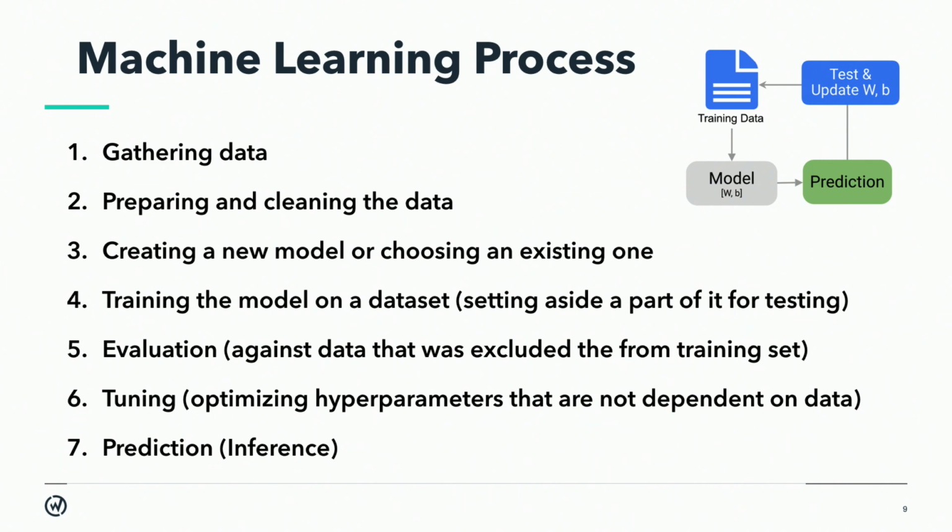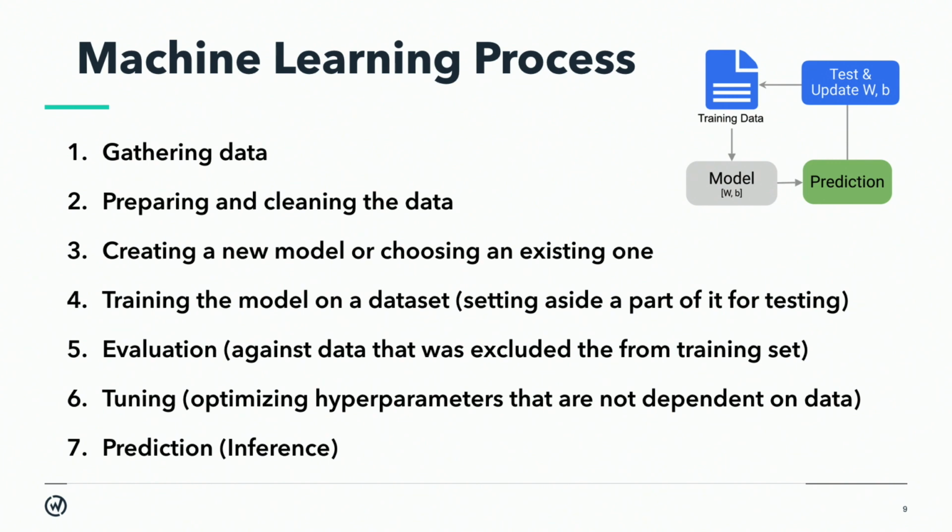So let's take a look at the machine learning process as a whole. The first step is to gather data. The second step is to prepare it, clean it, and transform it into a format that a machine learning model can consume.